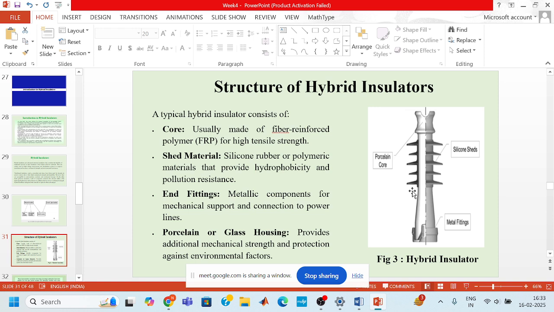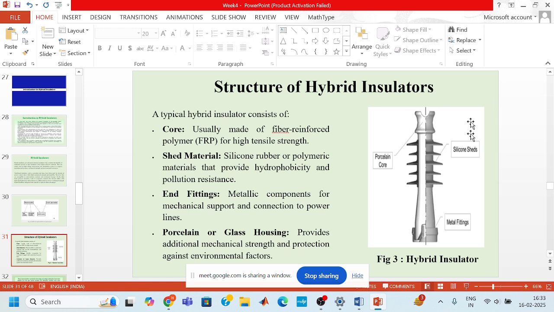Next is end fittings. End fittings are made of metallic components for providing mechanical support and connection to the power lines. And the porcelain or glass housing provides additional mechanical strength and protection against environmental factors.